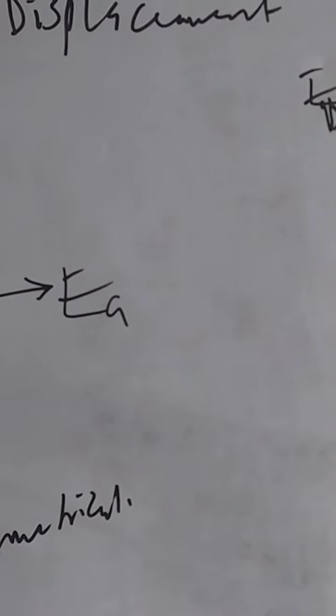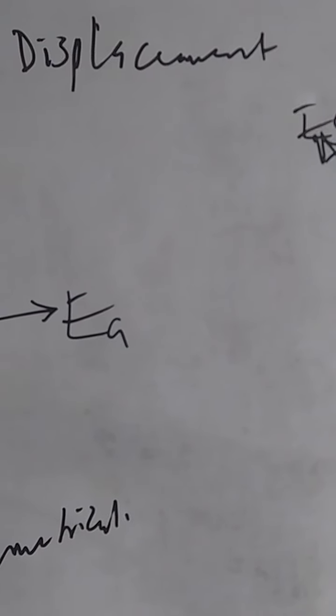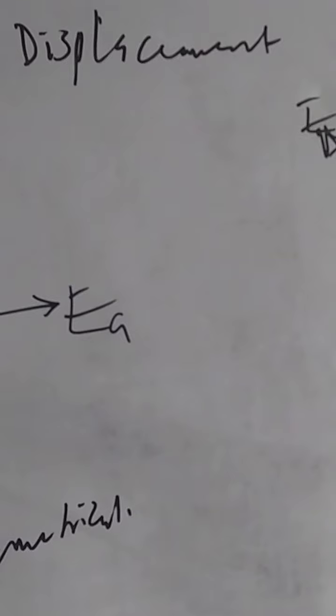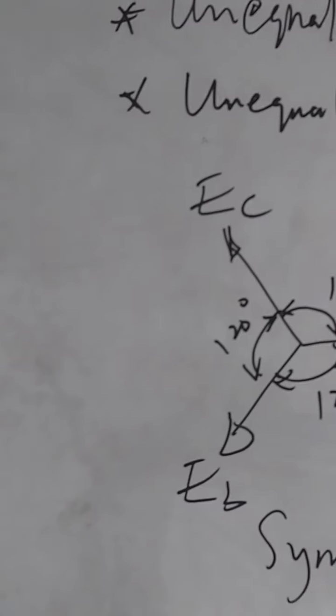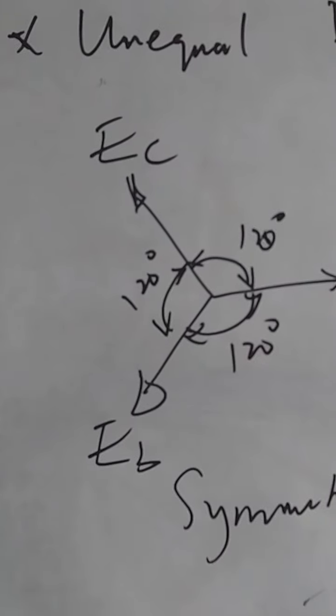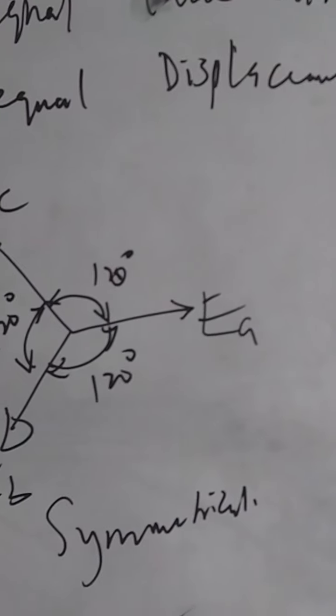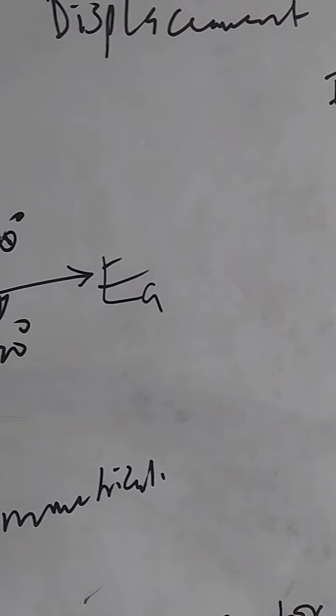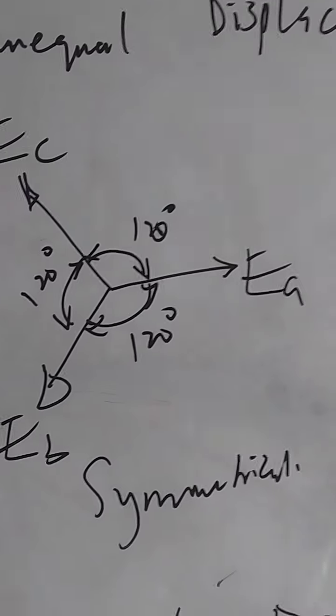Now, in order to resolve a system like this, it is necessary to use a factor called the operator alpha. That is the factor that you use to resolve it. Alpha is defined as an operator that will take a phasor anticlockwise through 120 degrees.